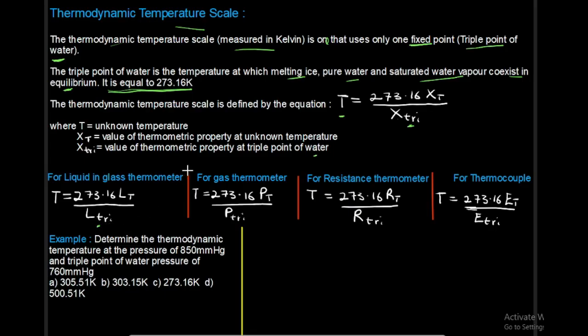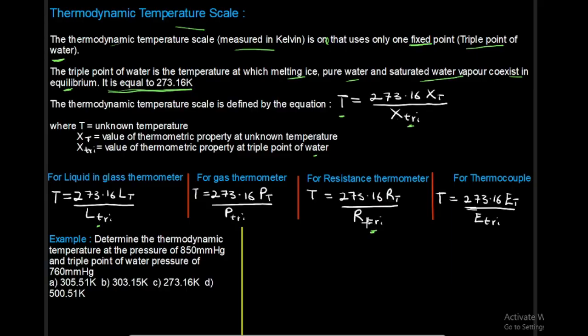For a gas thermometer, the thermometric property is pressure. So our formula is no longer Xt over Xtri, but Pt over Ptri. So we have unknown temperature equals 273.16 Pt all over Ptri. For a resistance thermometer, we have unknown temperature equals 273.16 Rt all over Rtri.